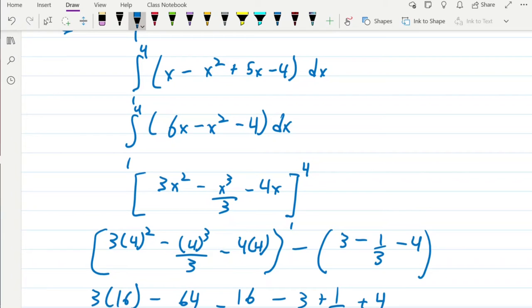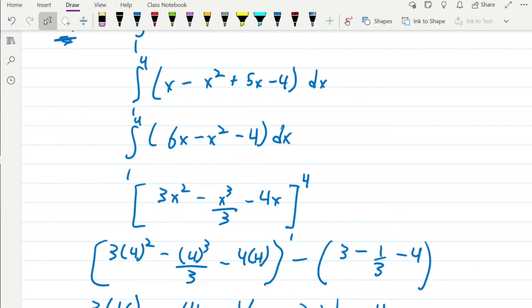So 6 divided by 2 is equal to 3/2. Oh, I see what I did, I think.